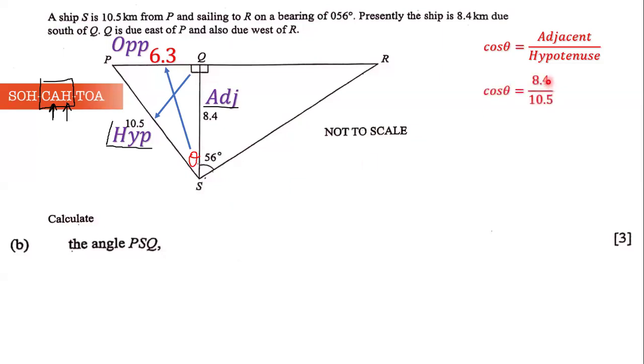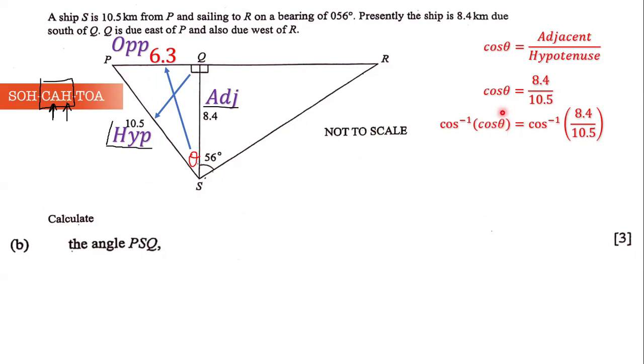So we have the adjacent is 8.4 and the hypotenuse is 10.5. So we have cosine of theta is equal to 8.4 all over 10.5. We're going to apply cosine inverse to both sides of this equation because we want to find out what theta is, and so we want to isolate theta.